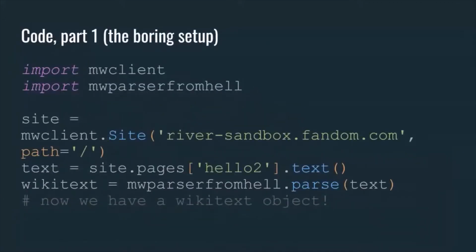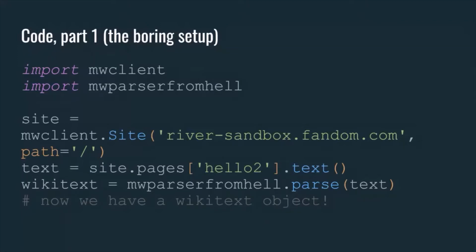So here's another simple example. We have the two imports, and then we have that same setup of the site with the URL to the wiki. Last time we saved the page.